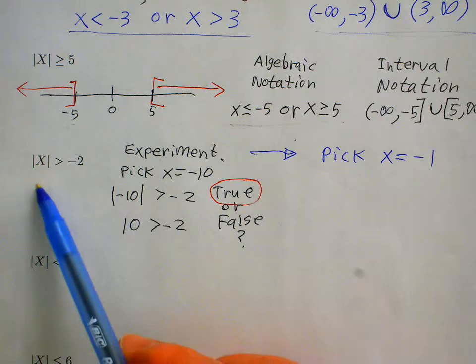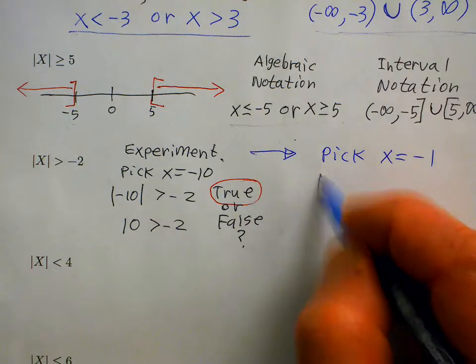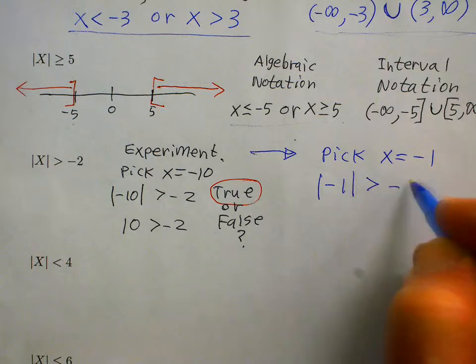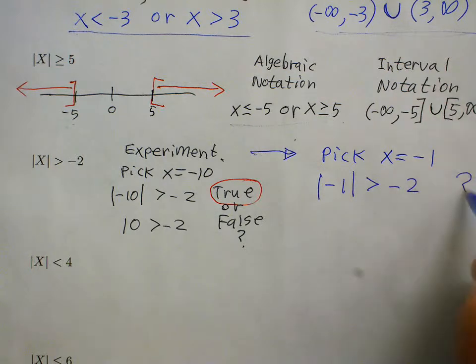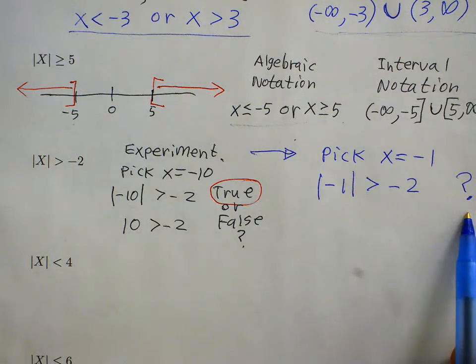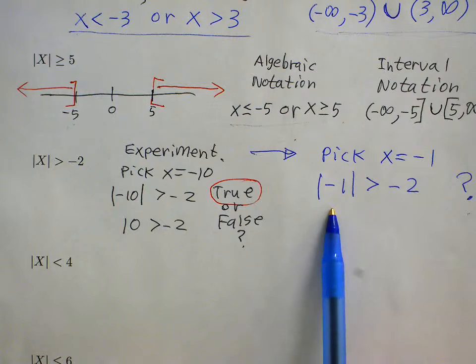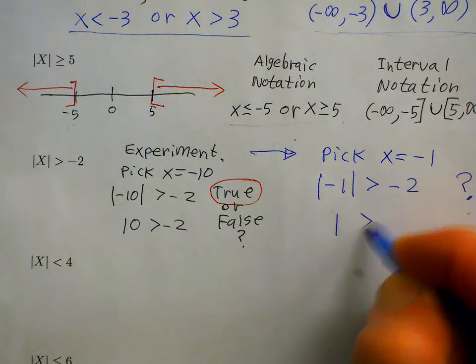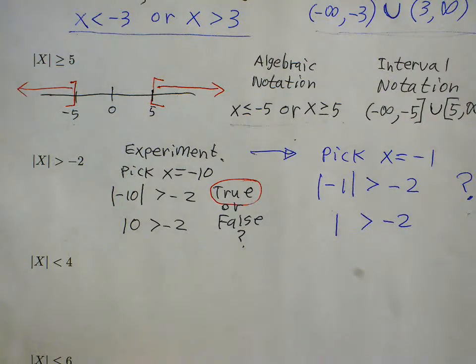And then in the inequality, replace x with -1. The absolute value of -1 greater than -2, question mark. We want to know if this is true or false. What's the absolute value of -1? 1. 1 greater than -2, true or false?